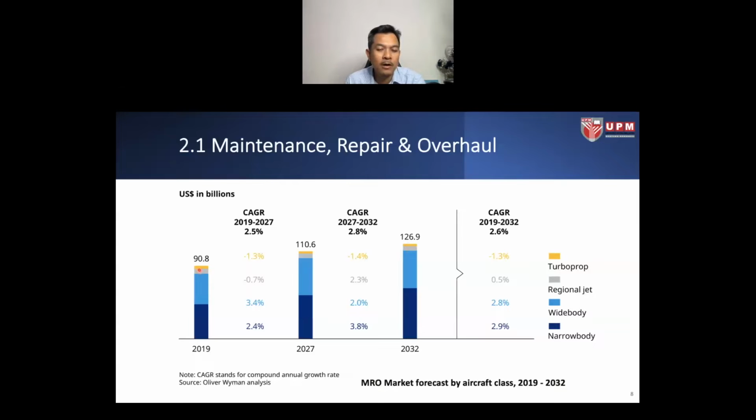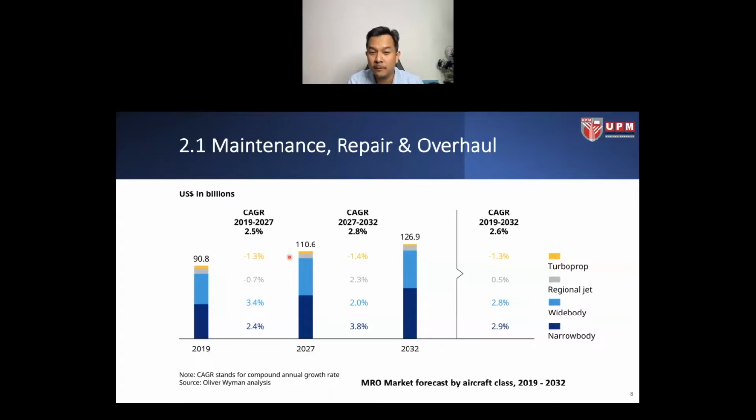So the net revenue for MRO activities is 90 billion US dollars. This is the actual 90 billion US dollars. It is projected to reach 110 billion US dollars in 2027, and it will grow steadily by 22.8% CAGR to 126.9 billion US dollars.